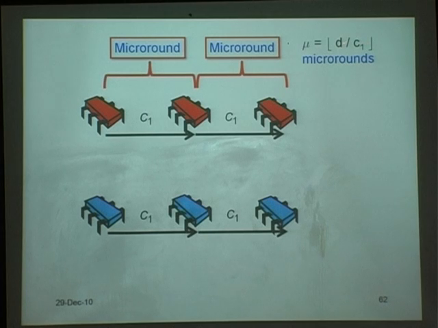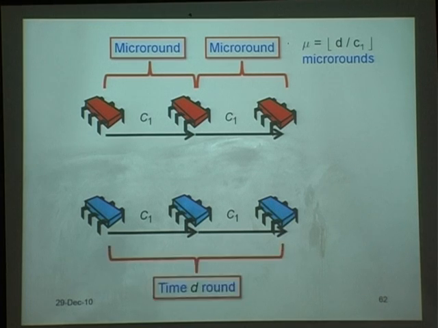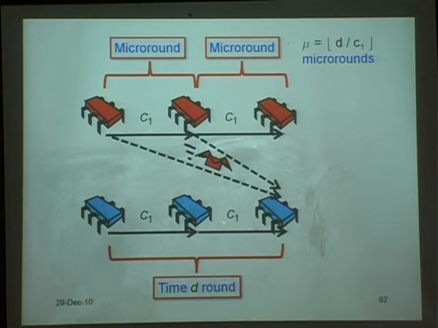We're going to take d and divide it by c1, round it down to get mu micro rounds per round. And so each round takes time d. All the messages are going to be delivered at the end of the round, because the message sent here must be delivered by the time we get there. So to make life easier, we're going to deliver every other message that was sent before the end of the round there.